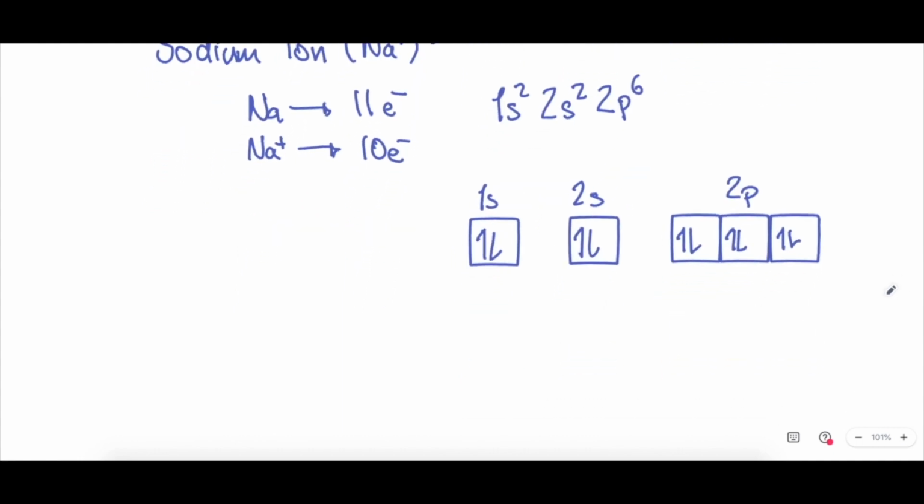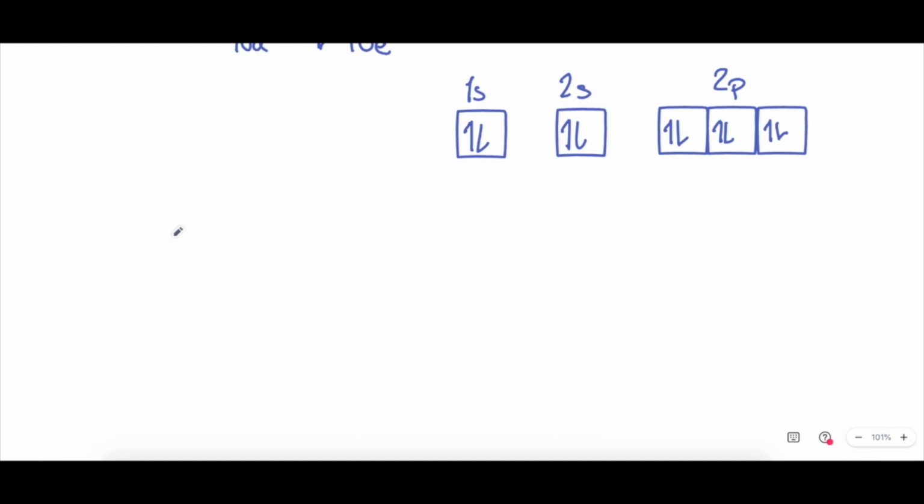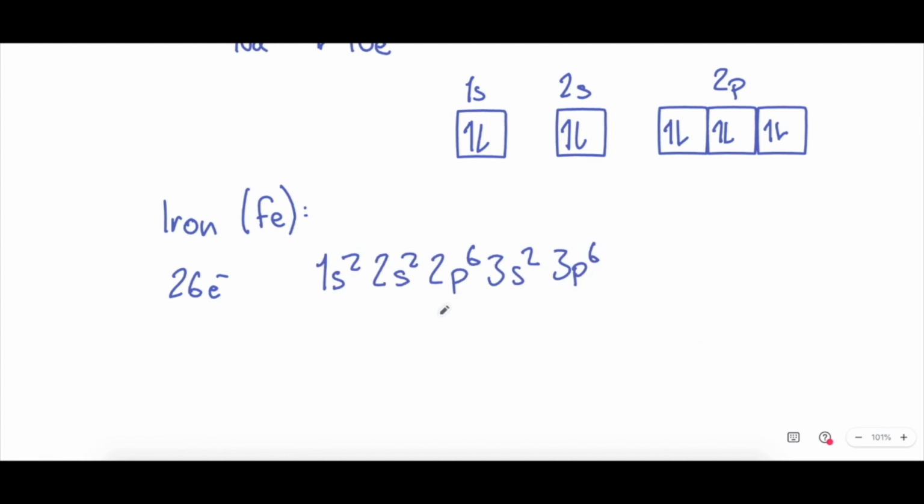Now, a place where loads of people make quite a few mistakes is when you're dealing with transition metals. Because in transition metals, you have the problem with the 4s and the 3d. So let's look at iron. If you look in the periodic table, iron has 26 electrons. So to write the electron configuration, if we go in the same order as we wrote above, 1s2, 2s2, 2p6, 3s2, 3p6.